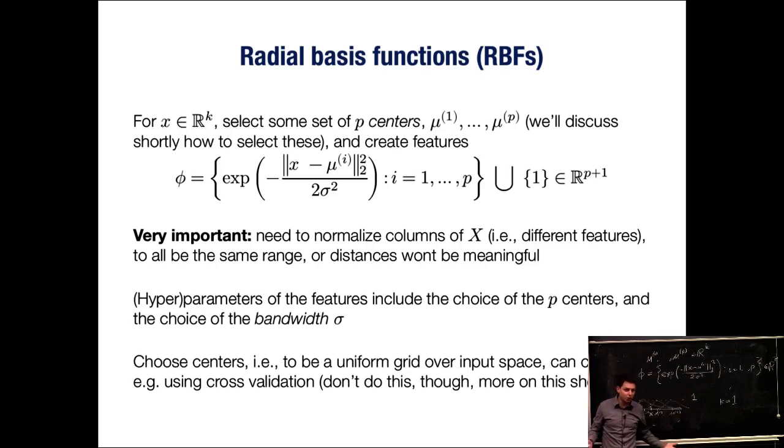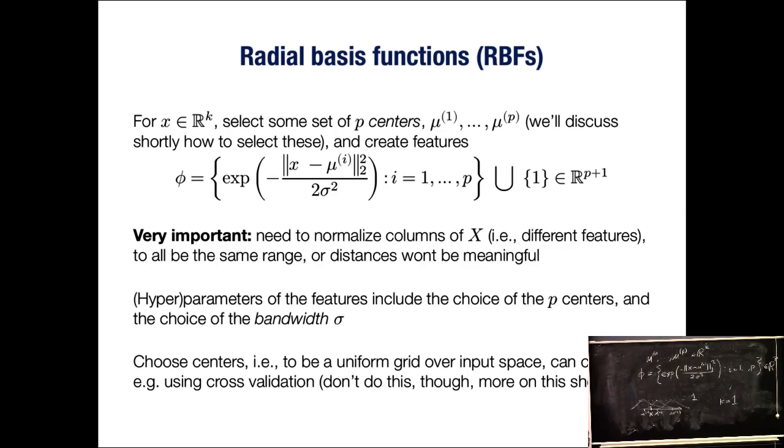Those you can think of as hyperparameters, the same way you had hyperparameters like the degree of the function. The choice of your centers and the choice of your bandwidth are also hyperparameters. They seem like very big hyperparameters, I know, but they are hyperparameters, in fact. We'll talk about how you pick them in a second. But that's a radial basis function.